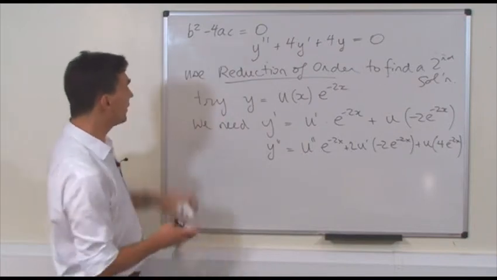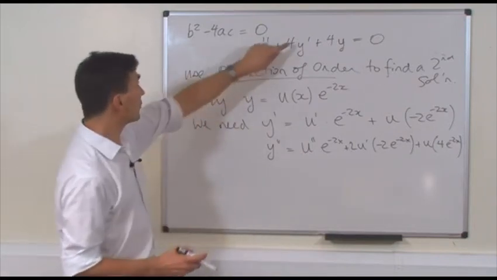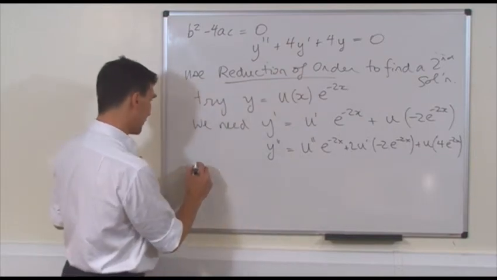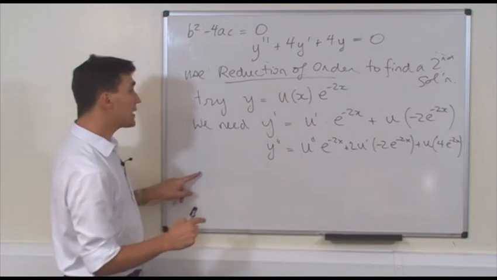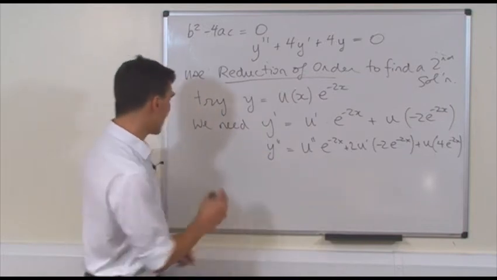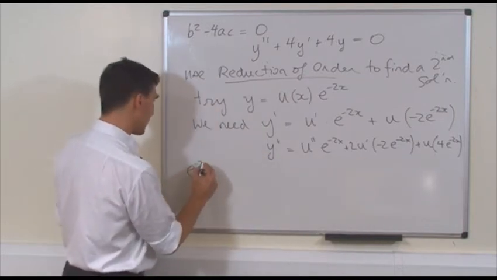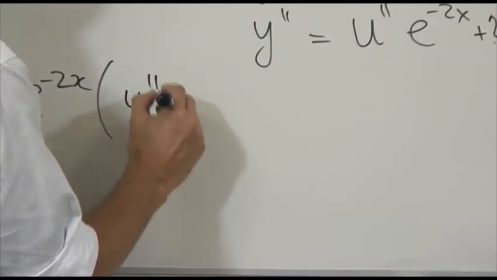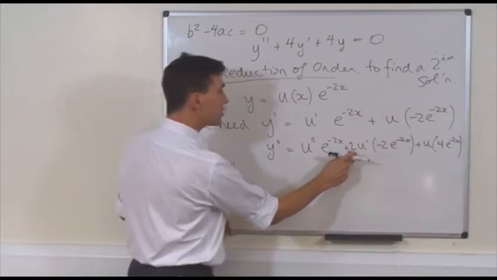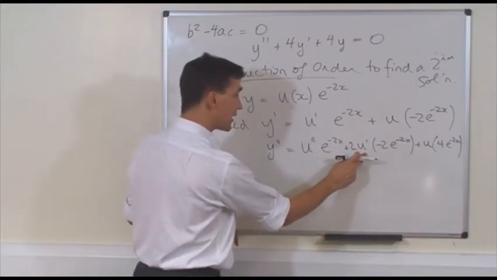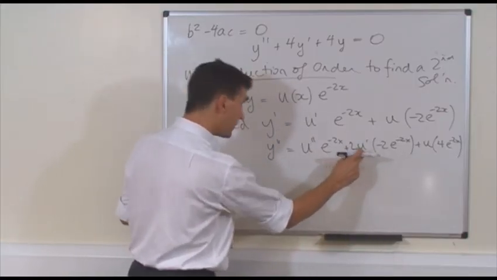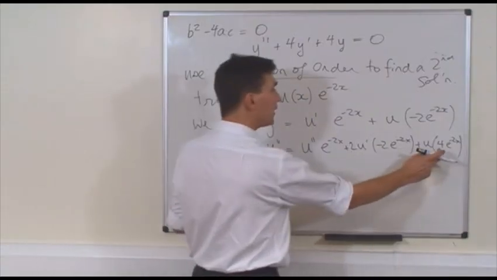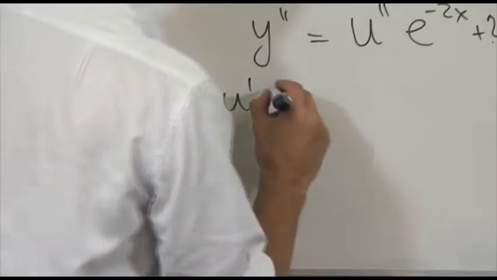We'll put it in here. Y prime, we'll put in there, and y, we'll put it in at the end. So we've got, well, everything is multiplied by e to the minus 2x. So I can just take a factor of e to the minus 2x out the front, and then we've got u double prime, and then it is 2 times minus 2 u prime, so it is minus 4 u prime. And then we've got plus 4 times u.